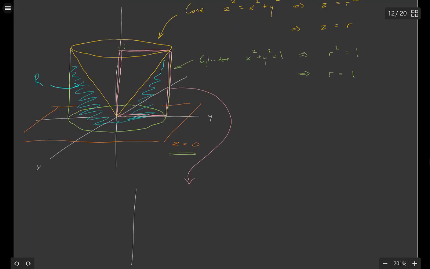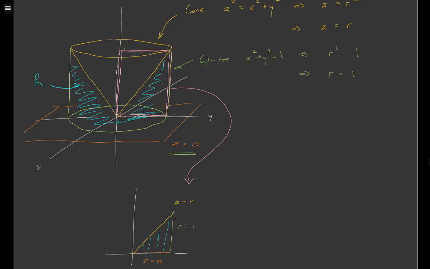So we've got our z-axis, we've got the edge of the cone, which is described by z is equal to r. We've got the edge of the cylinder, which is described by r is equal to 1. And we've got the plane at the bottom, which is described by z is equal to 0. And we're trying to describe the region in here.